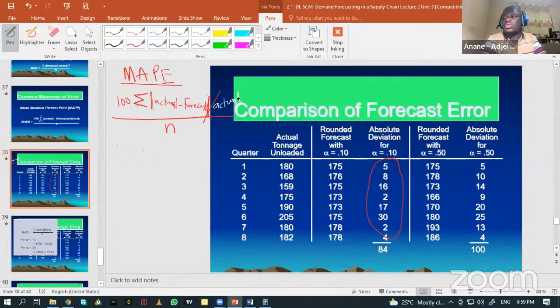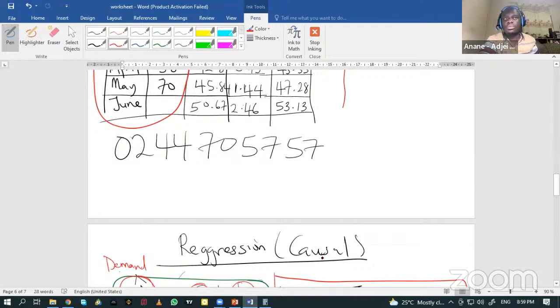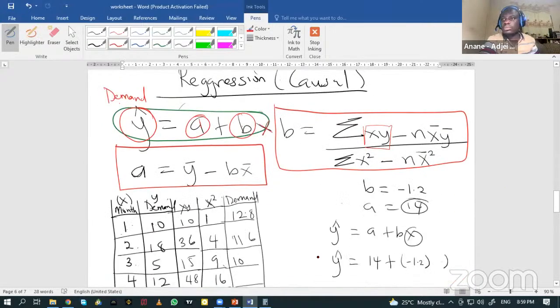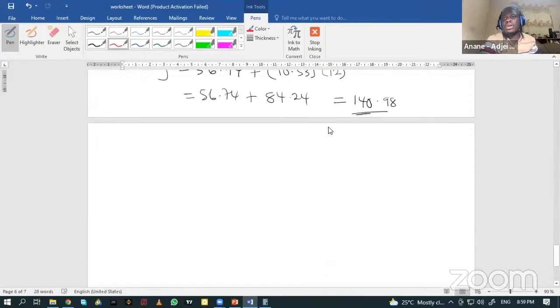Please, using the white to write over there. Can you see it now? Okay, let me go to our Word page.